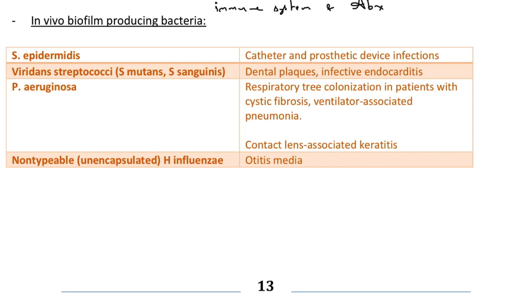The clinical conditions will be dental plaques and infective endocarditis. Next one, Pseudomonas aeruginosa. In Pseudomonas aeruginosa, the clinical conditions we can see are cystic fibrosis, lung infections, ventilator pneumonia, and in non-typable Haemophilus influenzae we can see clinical conditions like otitis media, conjunctivitis and sinusitis.